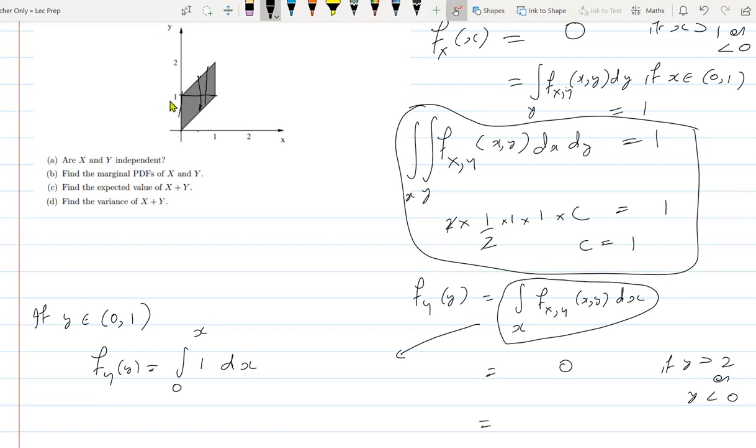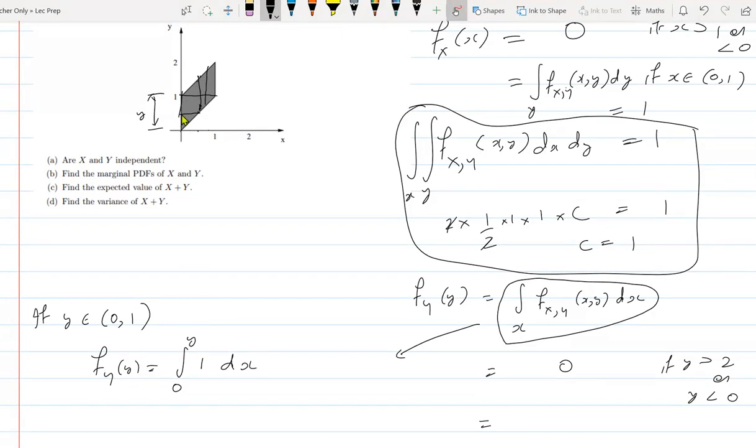So if I look at y in this range, what are the values of x you can take? X can be 0 all the way to when you touch this line. After that, the density function is 0. So what is this point? Sorry, I think I should write y.